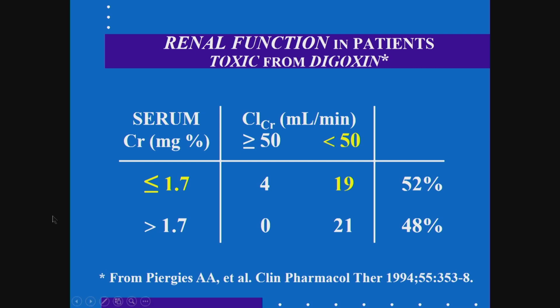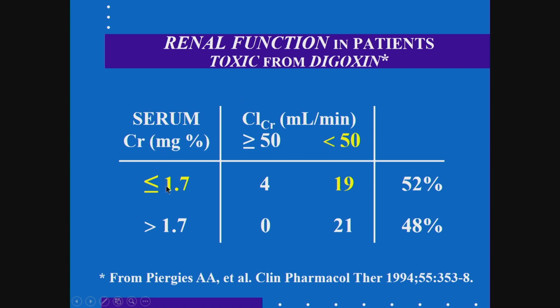They had a group of individuals that were clinically toxic due to the use of digoxin, and what they were trying to see is what was the clearance of creatinine in these patients as opposed to the serum concentration of creatinine.